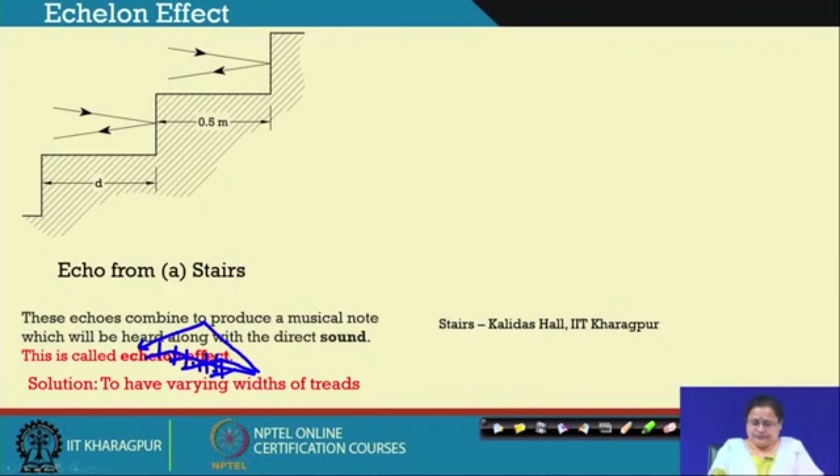Now, coming to another important effect, which is the Echelon effect or the echo effect, you can say.